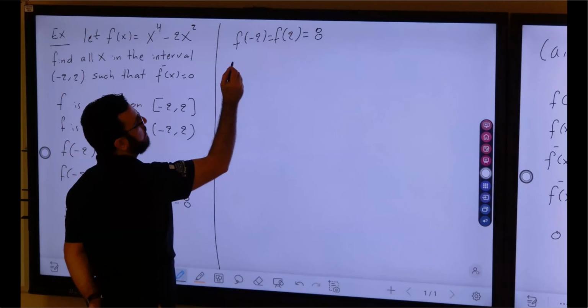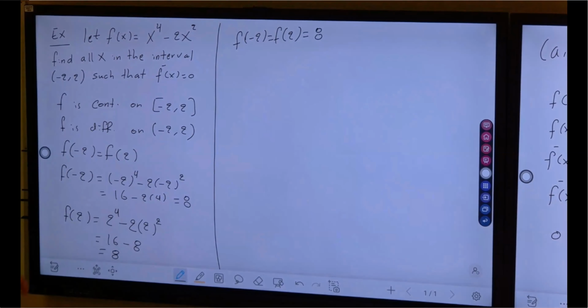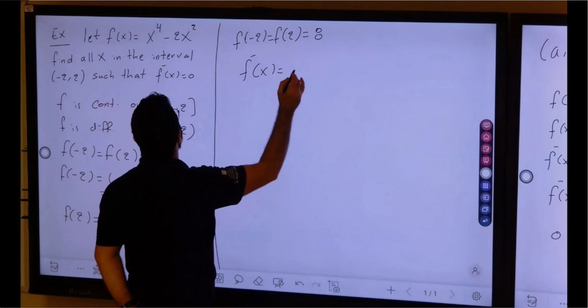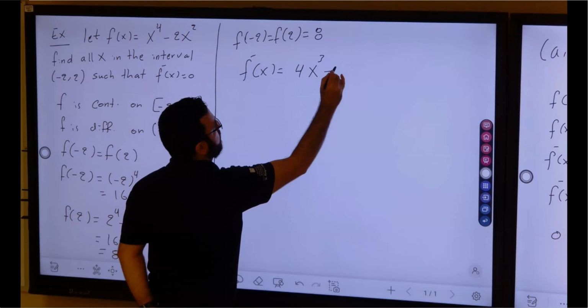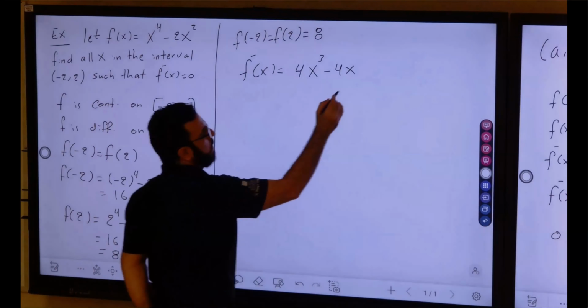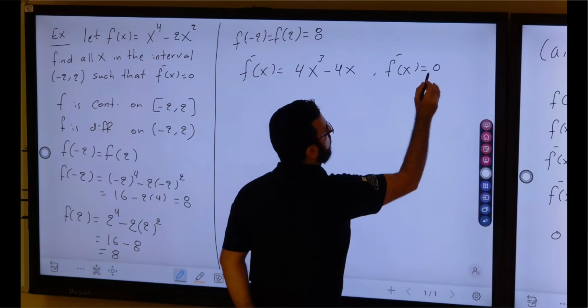By using Rolle's theorem, what am I gonna do? Just find the derivative of the function, which is f prime of x equals 4x cubed minus 4x. The derivative equals 0, because by Rolle's theorem, f prime of x equals 0.